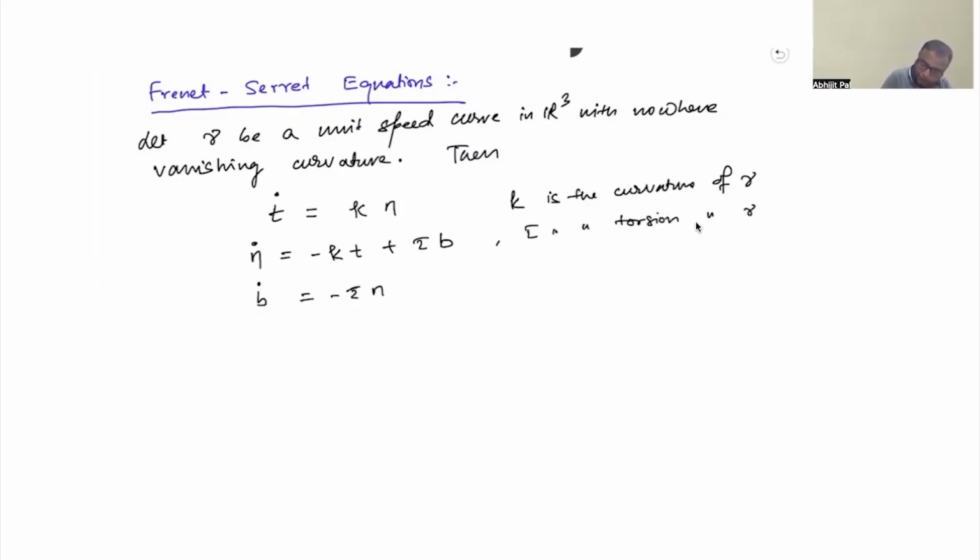Okay, so note that this normal vector is this vector product. Now you take the derivative. If I take the derivative, this will be equal to this.